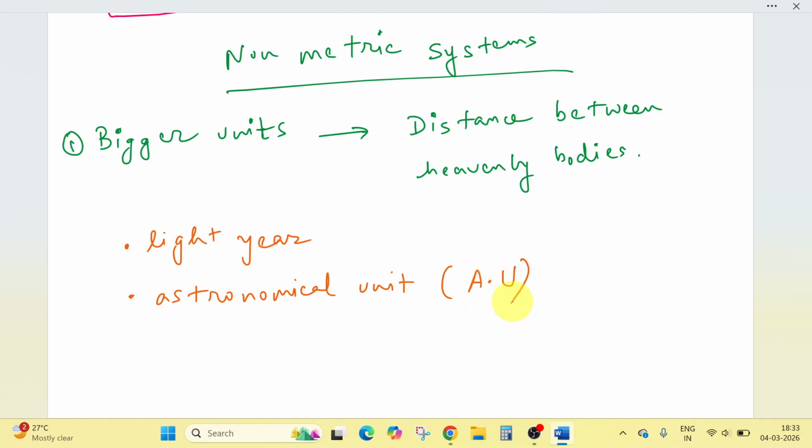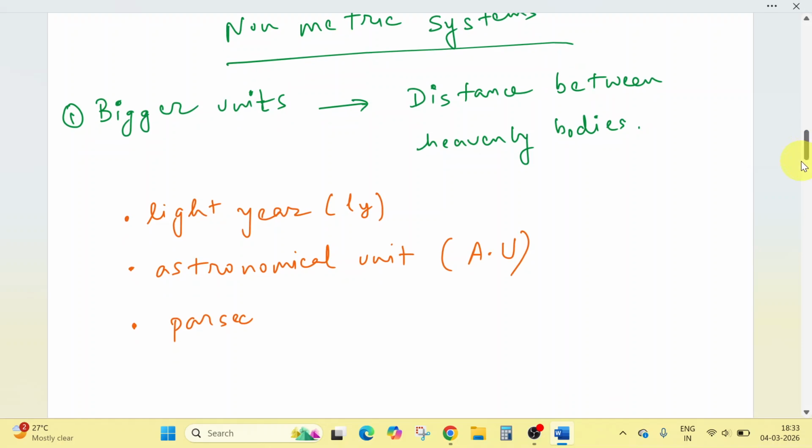Okay, I will discuss everything, don't worry. Light year in short form is LY. And another one is parsec, PARSEC. So these are the most popular bigger units of non-metric system.